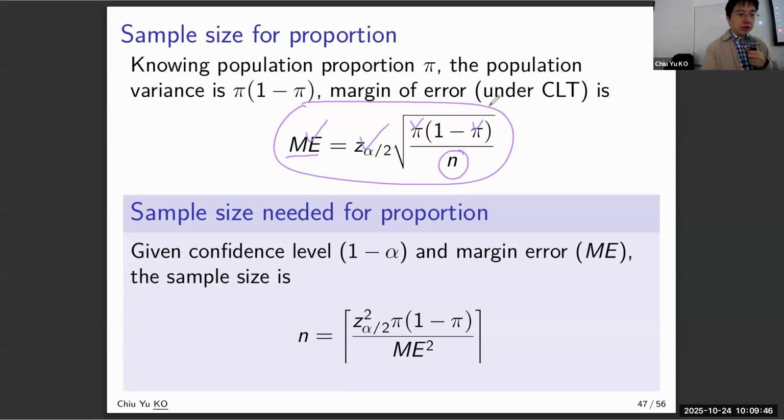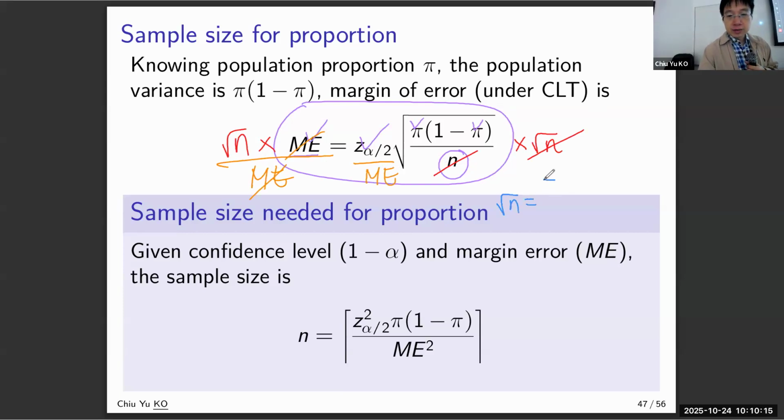The math again is not complicated. You again multiply both sides by root n, so this is gone, and you divide both sides by ME, so this is gone. What you're left with is square root n on the left-hand side. The right-hand side will be Z alpha over 2 square root pi 1 minus pi over ME.